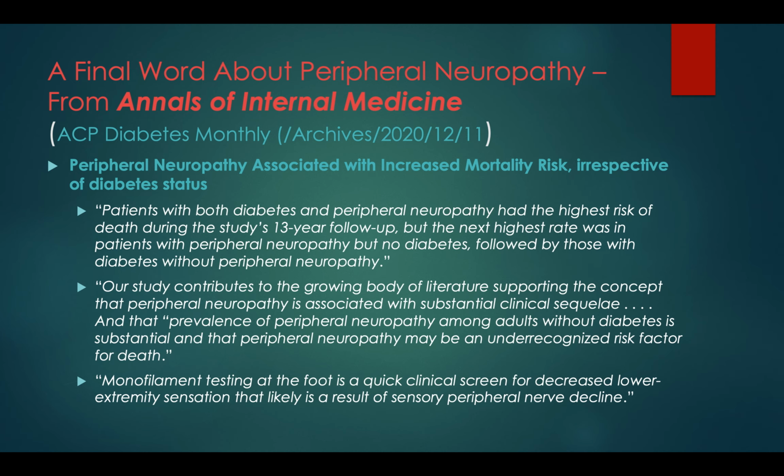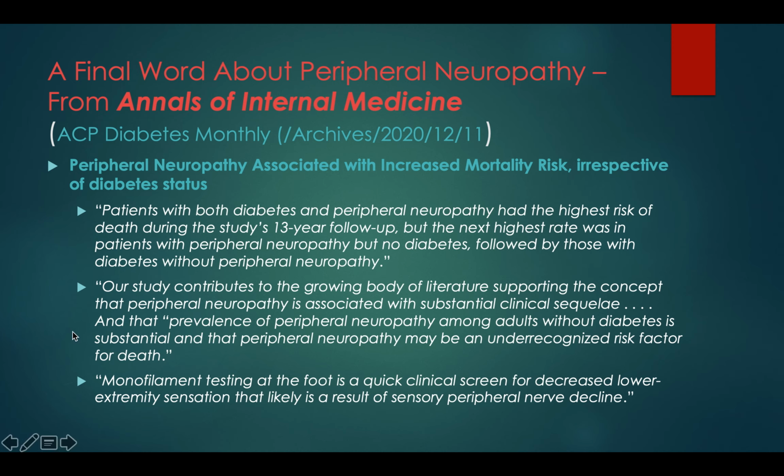But here's the important thing. The next highest rate was in patients with peripheral neuropathy, but who did not have diabetes, then followed by those with diabetes without peripheral neuropathy. Okay, so that's related to death.